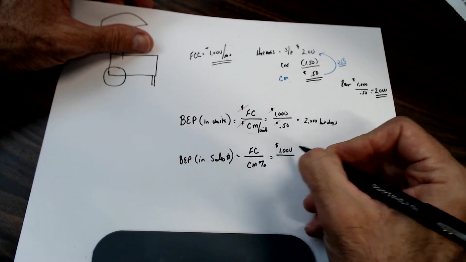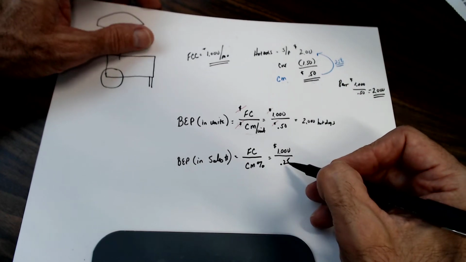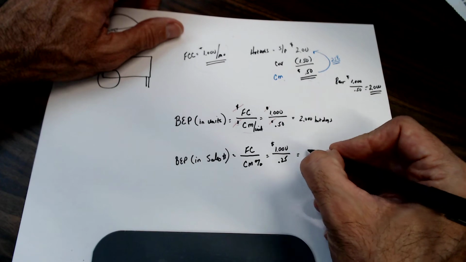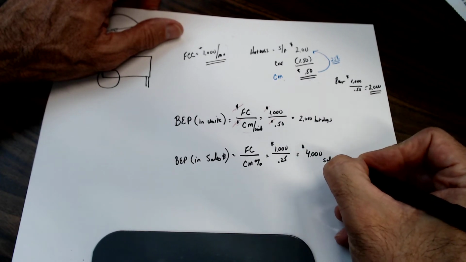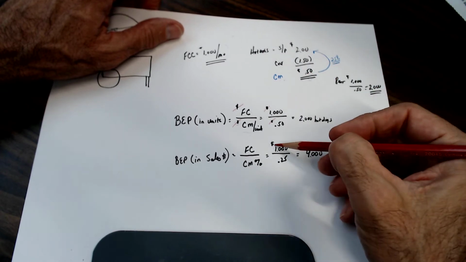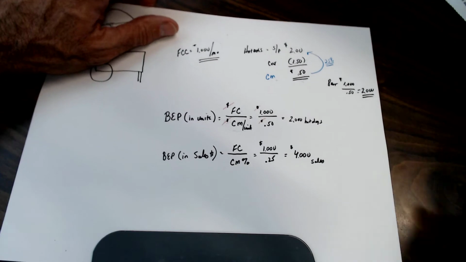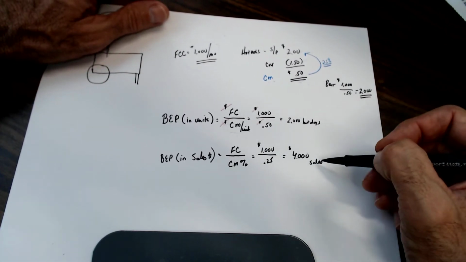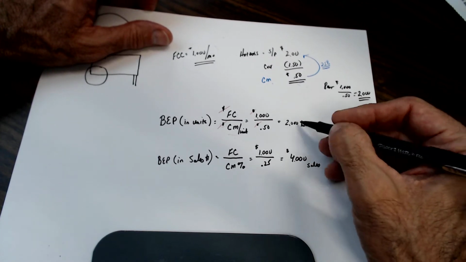$1,000 divided by 0.25, that's 25%, comes up to $4,000 in sales. Now notice that we're not dividing a dollar by a dollar, we're dividing a dollar by a percentage, so therefore the answer is in dollars. So our break-even point is $4,000 in sales. Now recognize this is the exact same point.